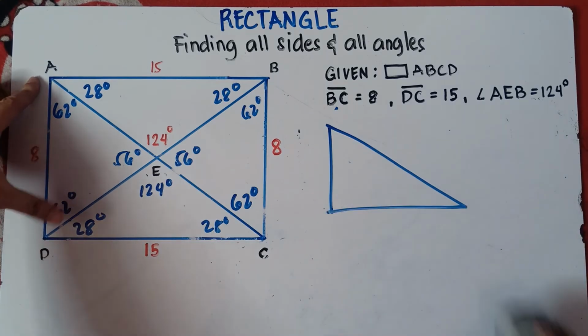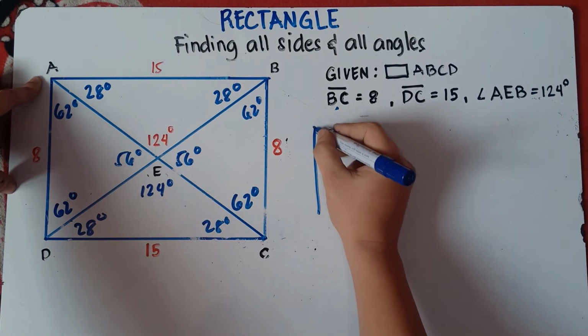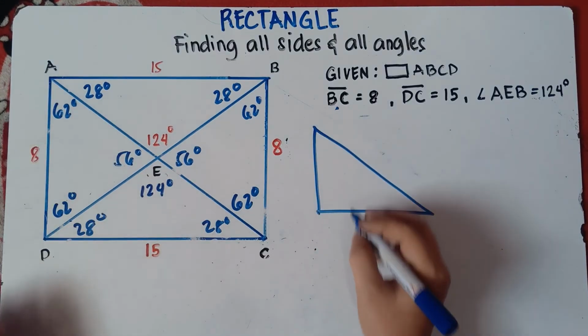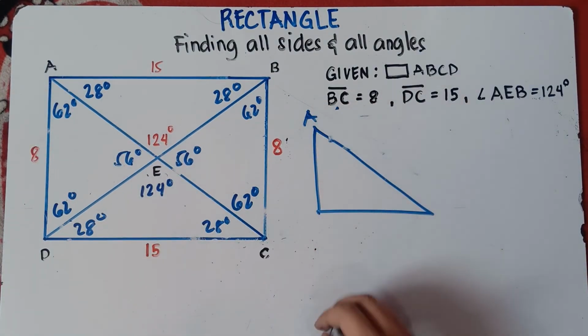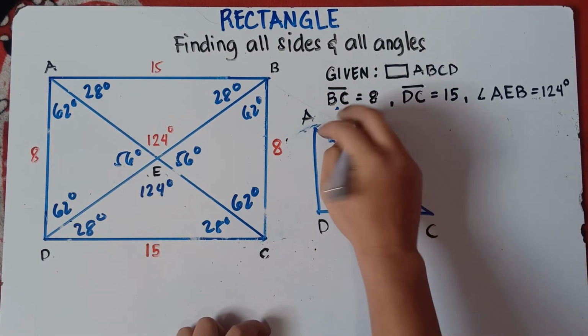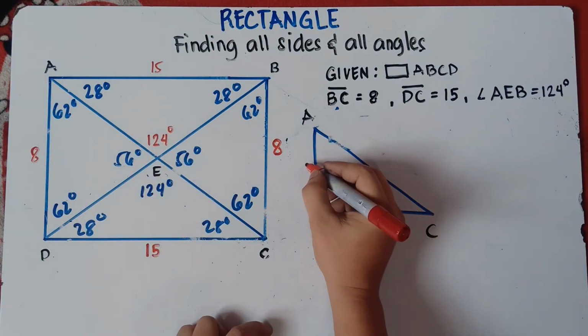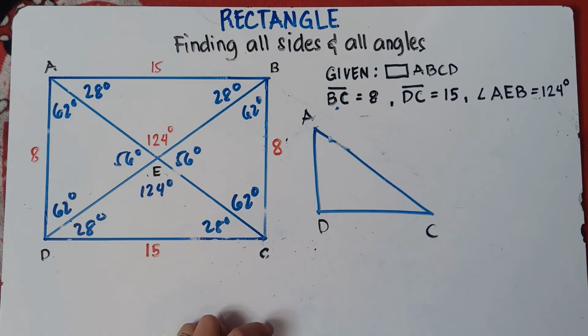So that I can find this one, class. This is A. Okay, let me just write it in black. So A, D, C. So our AD is 8. So this is 8.